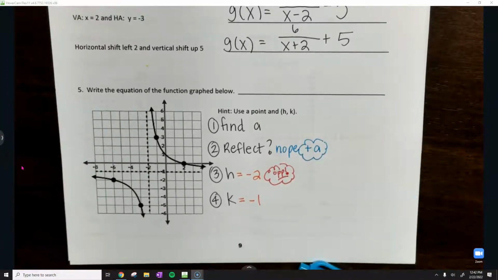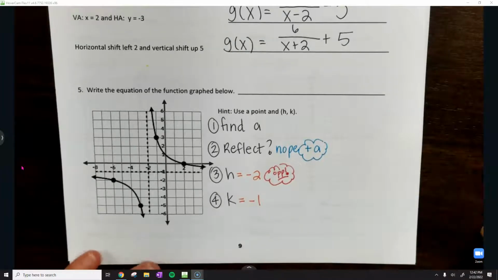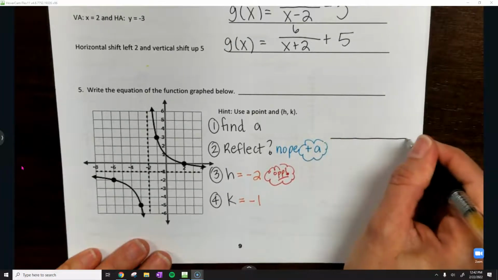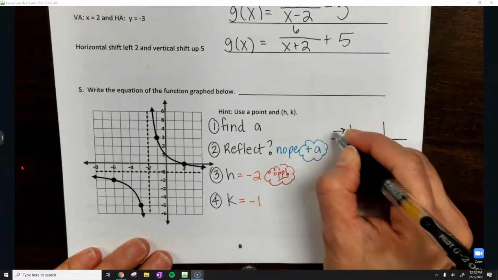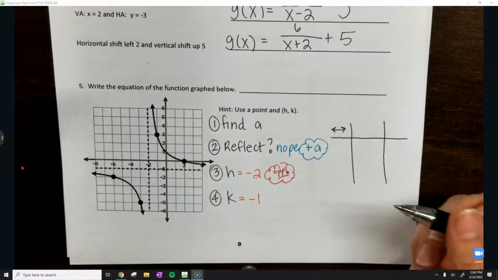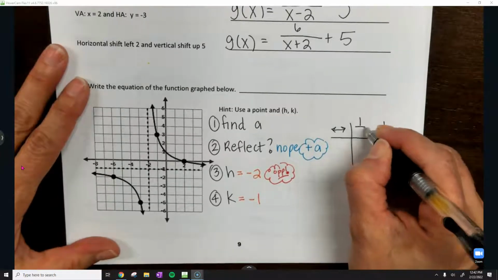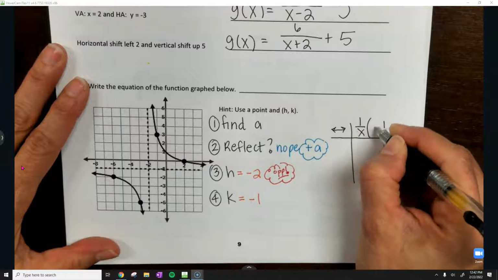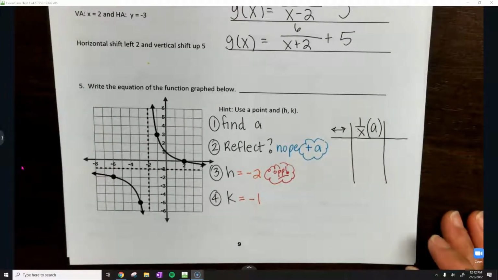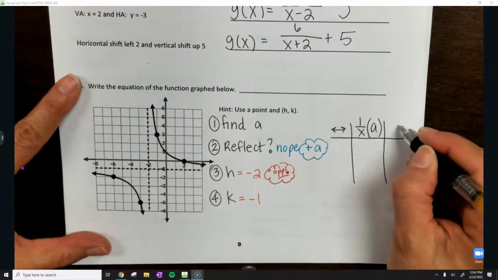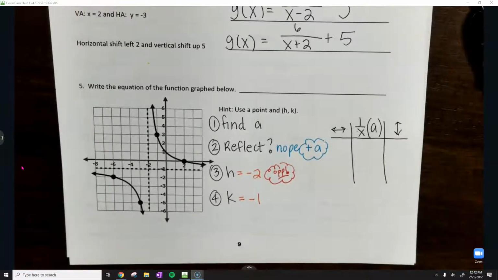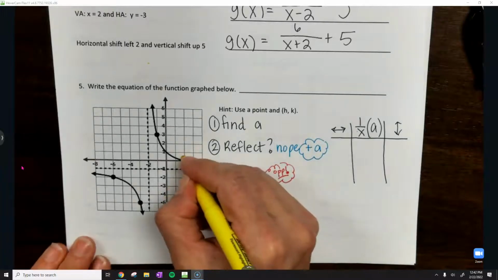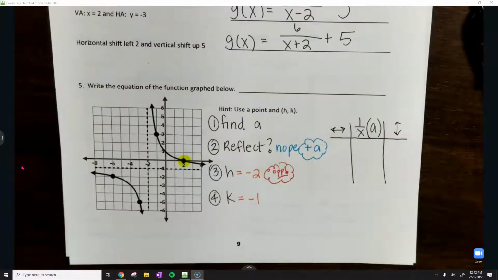All right, so here's how you're going to find a, guys. Still going to use your trusty little sideways table. You're still going to analyze horizontal movement from HK. You're just going to figure out what the middle piece is that gets you from sideways movement to up and down movement. That's it. So what I am going to do is take a look at that point right there.